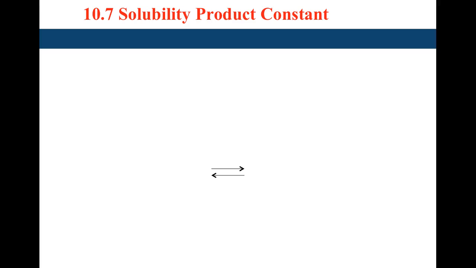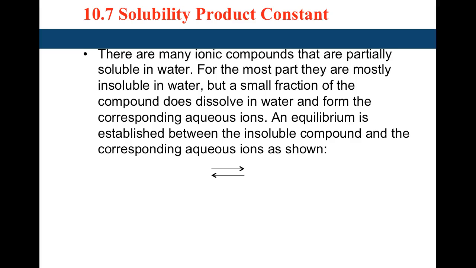And in this section, the last section, we're talking about equilibrium in aqueous solutions. So there are many ionic compounds that dissolve in water very little, all right? So they are generally insoluble in water, but a small amount of it does dissolve in water.